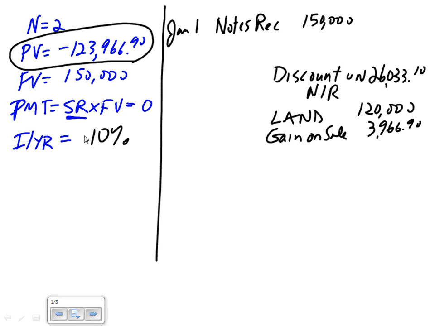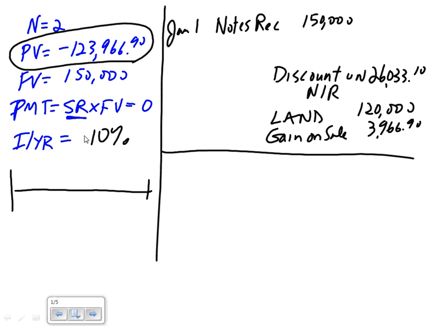All right. Now, how do we determine the amount of interest income for the year? Remember this note is dated 1/1/13, and we're not going to get the $150,000 until 1/1/15. The interest payment is 0 each year, but that doesn't mean there's no interest income.